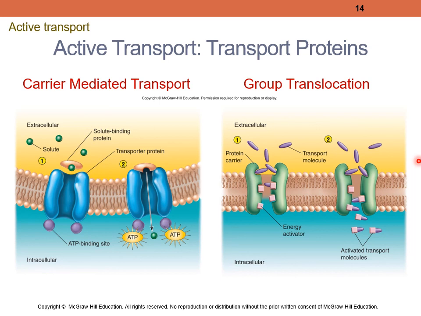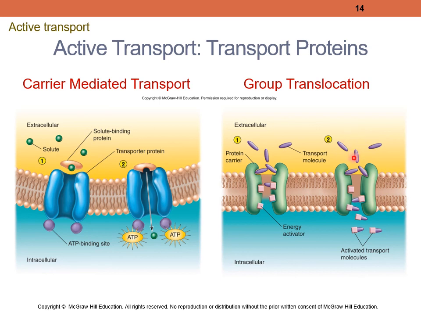Group translocation is another form of active transport. In group translocation, molecules are modified as they travel through the transport protein. In this example, the molecule being transported binds to the protein that is going to transport it across the membrane.